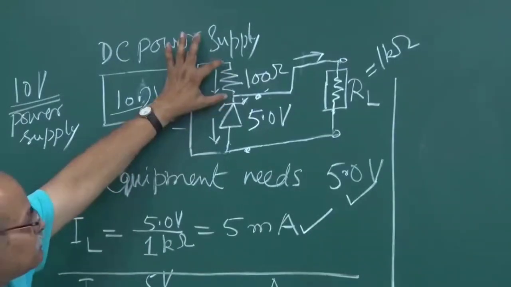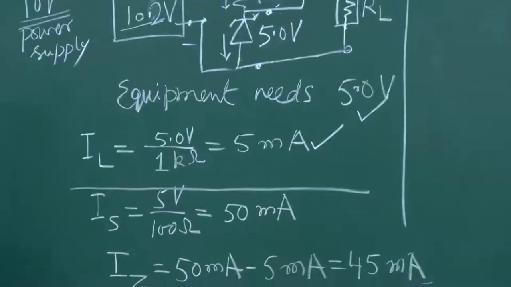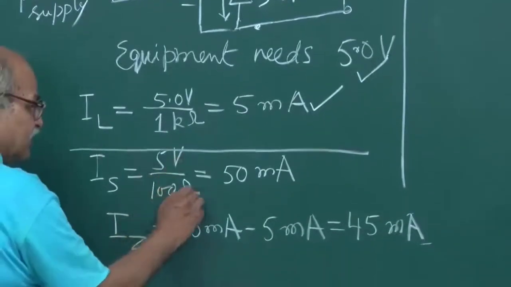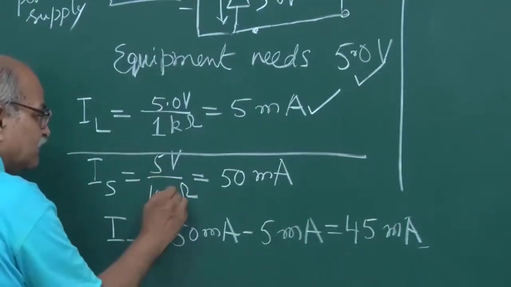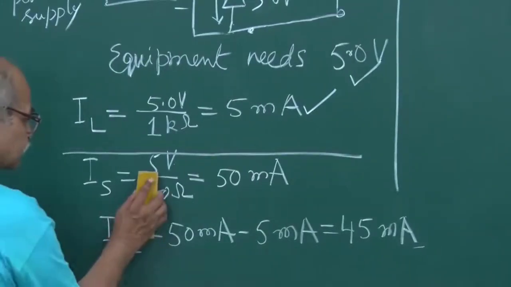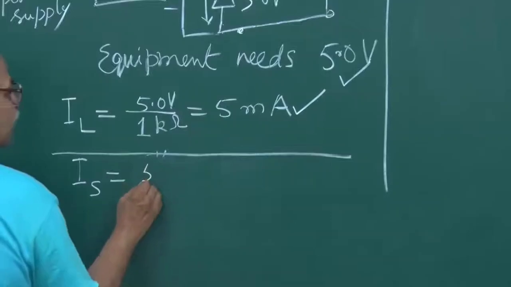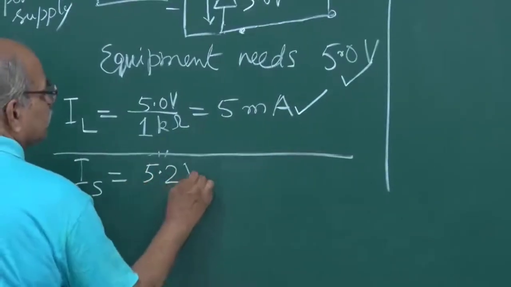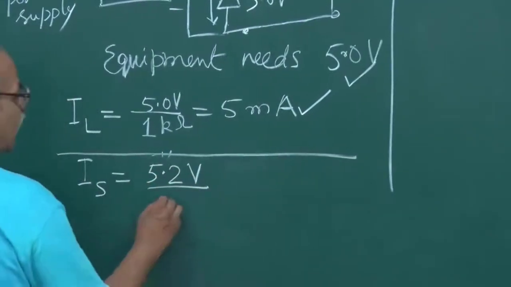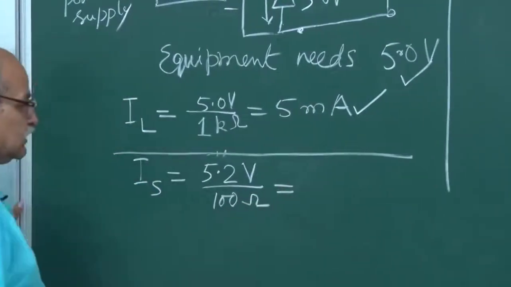Okay. And if this is 5.2, then the current IS is not 5 volt divided by this. It is 5.2 volt divided by 100. So I remove it from here. This is now 5.2 volt divided by 100 ohms. So what happens now?